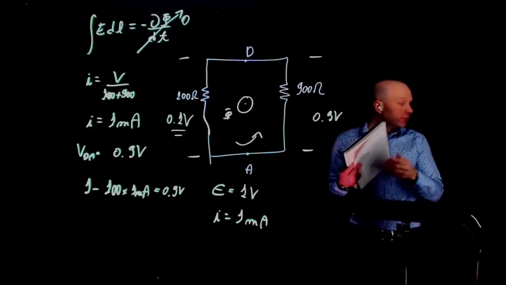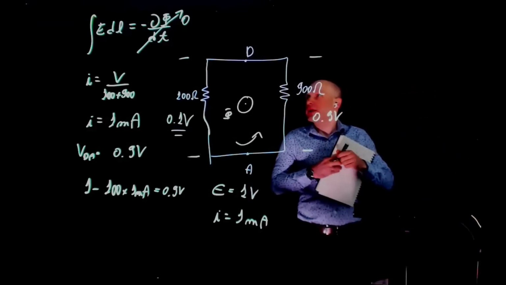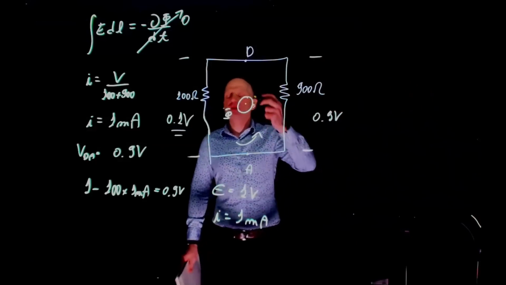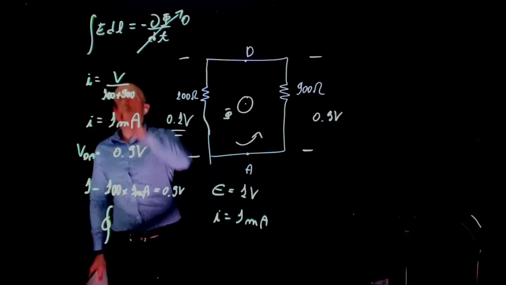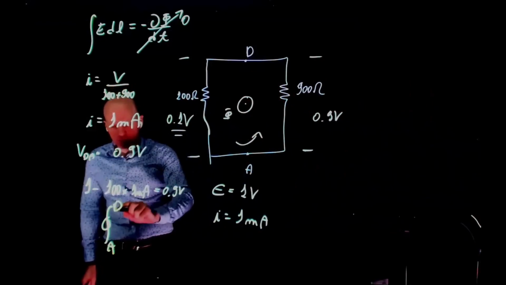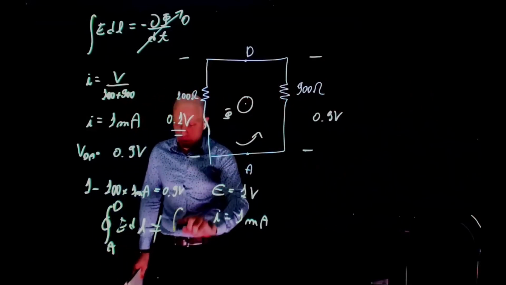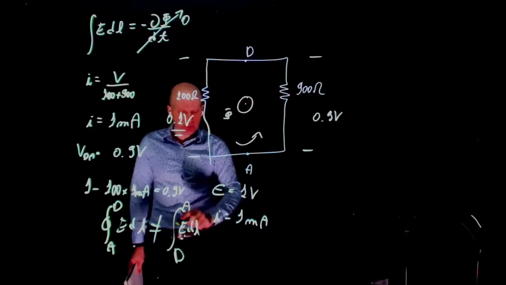It would be different. Yeah, because you see, this is very non-intuitive. And this is a good question. It doesn't make any sense, but it turns out because you have a non-conservative magnetic field, if you do this integration from A to D, E dl, this is not the same anymore as the integral from A to D, E dl on the other path.